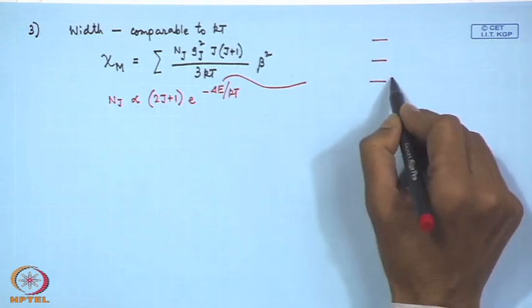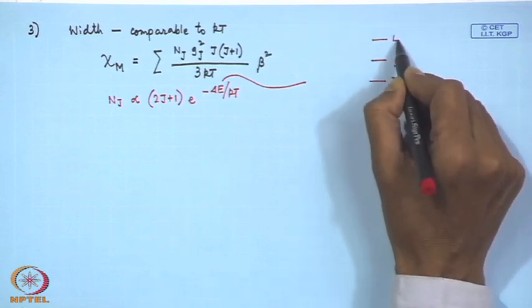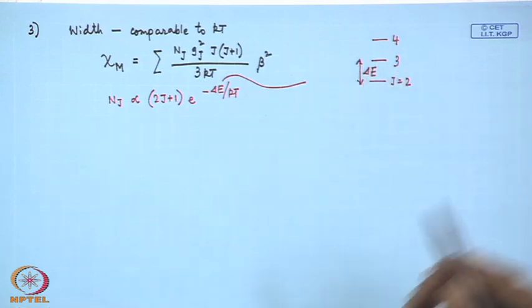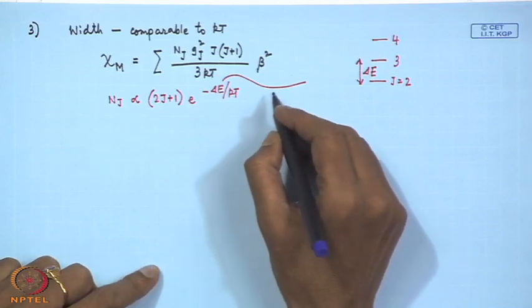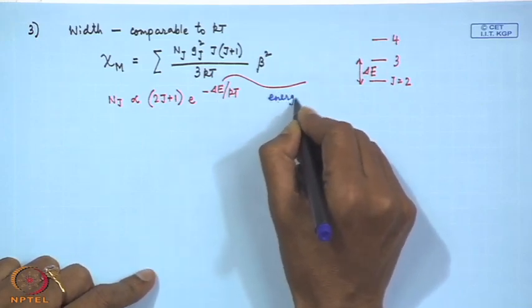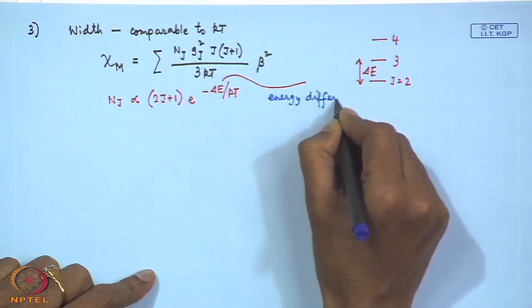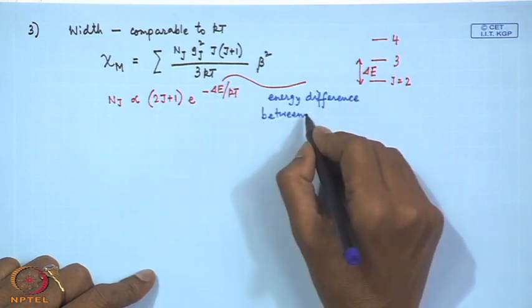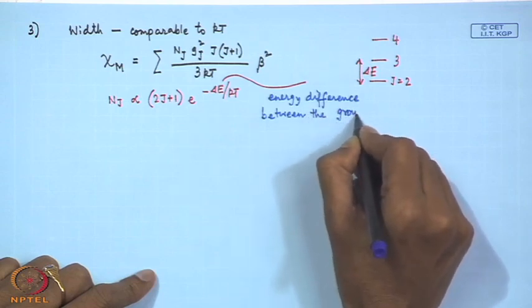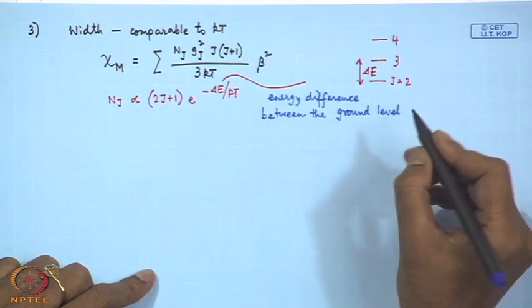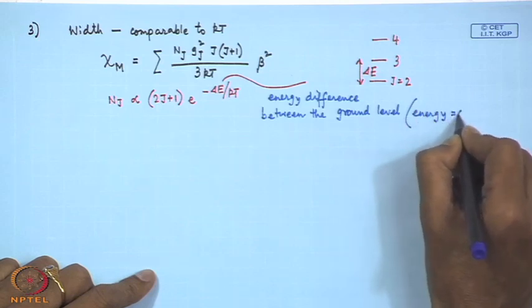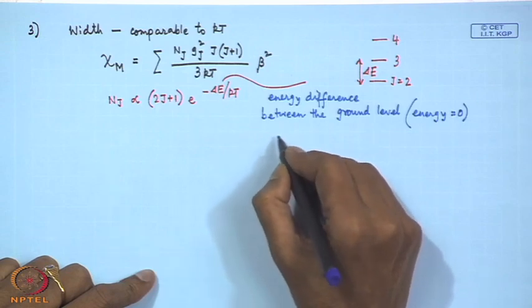So, if we have J equal to 2, J equal to 3 and J equal to 4 values, and the energy gap between these levels is delta E, then this delta E term, which is nothing but the energy difference between the ground level, where we are considering the energy as 0, and a particular J level.